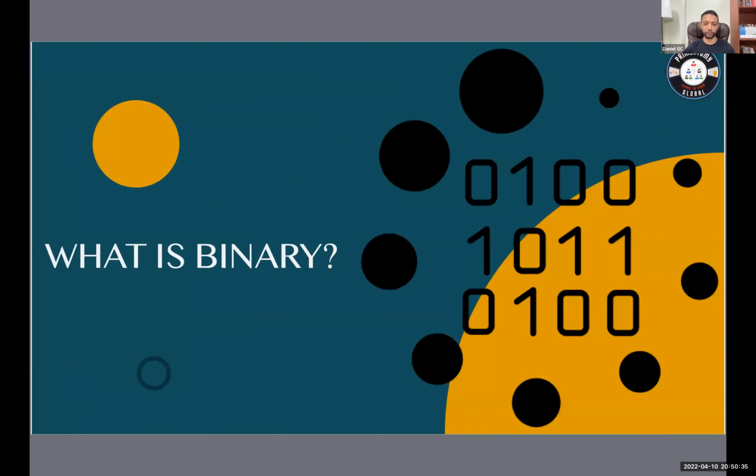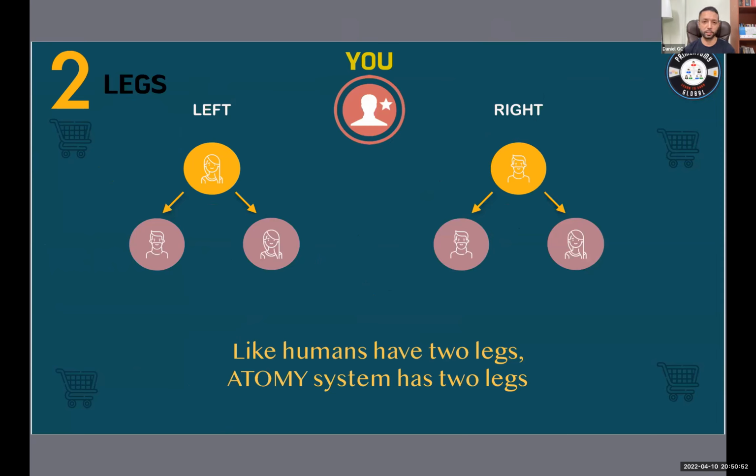So what is binary? Those of us who have studied mathematics probably know what binary is. I thought of asking you this as a question, but for lack of time, I will just leave it. When we say binary, we are basically talking about two legs, right? So the ATOMY system is a binary system.